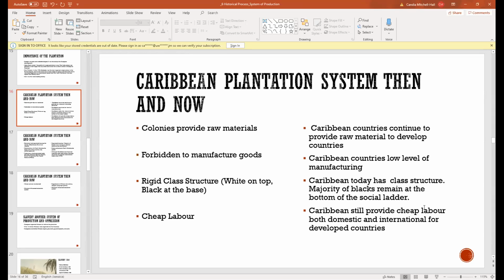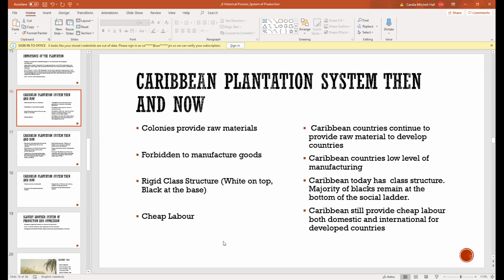Another thing is cheap labor. Back then, the plantation provided cheap labor. In today's society, the Caribbean is still seen as a place that provides cheap labor for the developed countries.